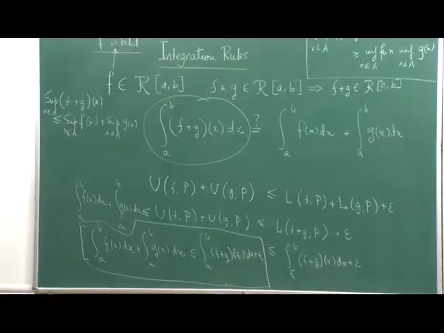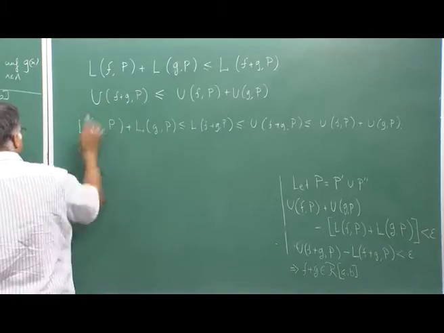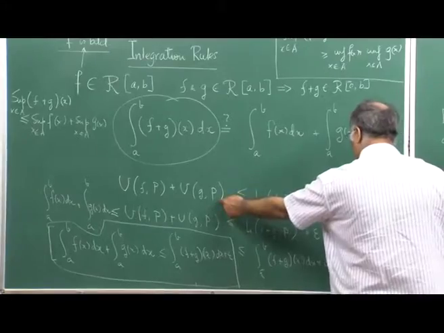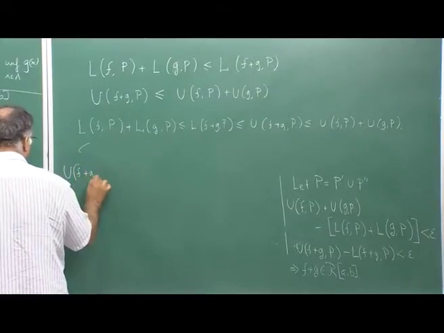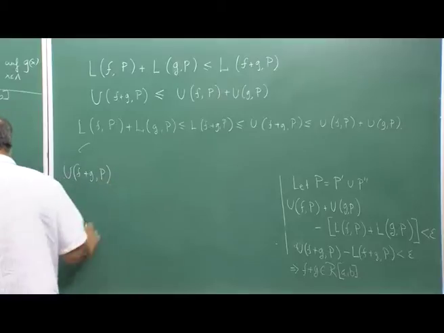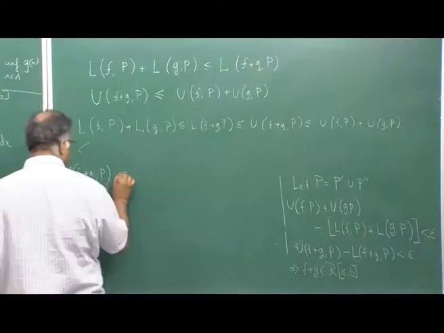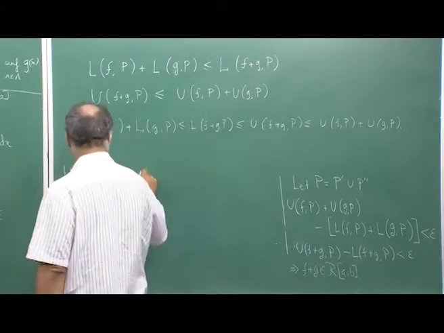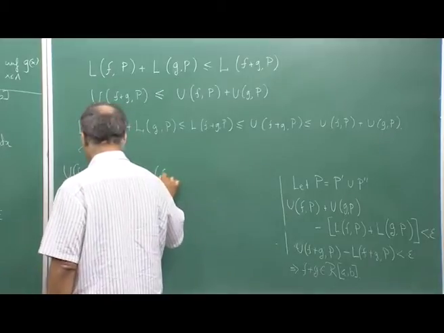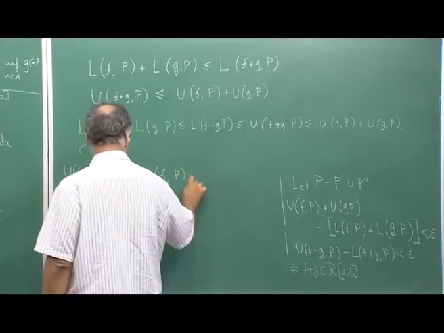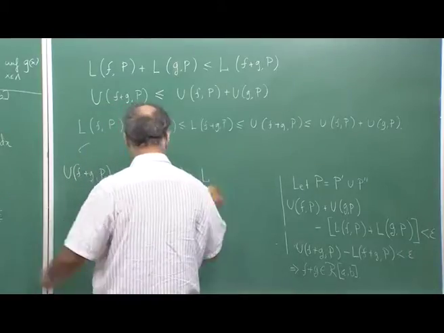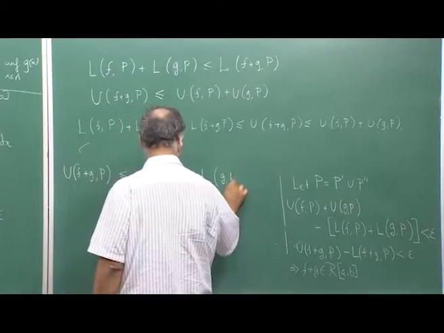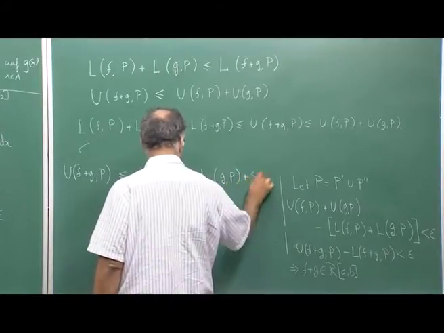So, from here I can write, using this fact from this equation, please note U of f plus g P, which is less than or equal to this, and hence it is less than or equal to L of f P plus L of g P plus epsilon.